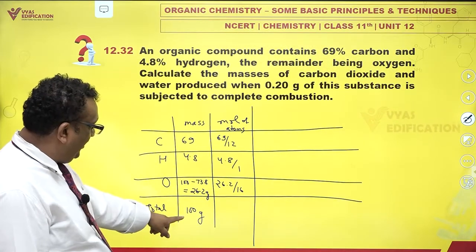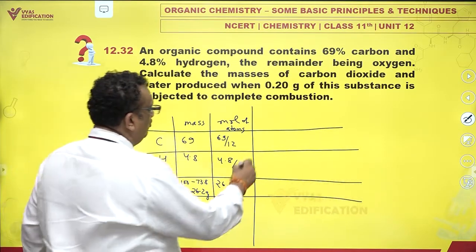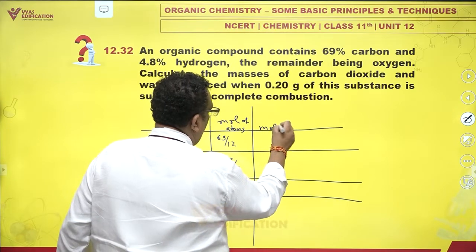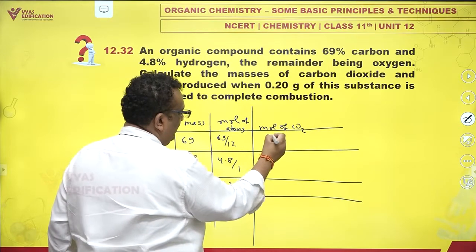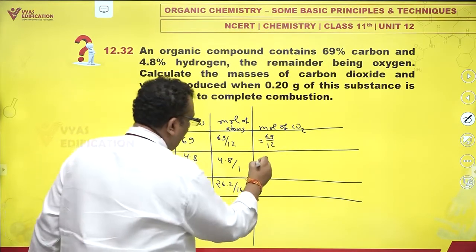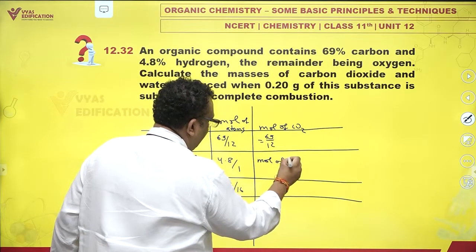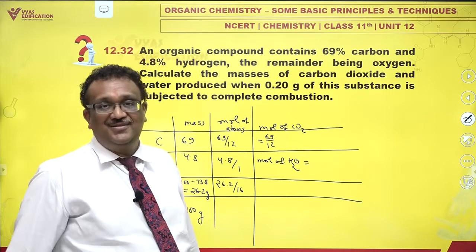Had I had 100 grams, these many moles of carbon would have been there. So moles of CO2 would have been how many? Same moles, 69 by 12. And moles of H2O would have been, now H2O contains 2 hydrogens.